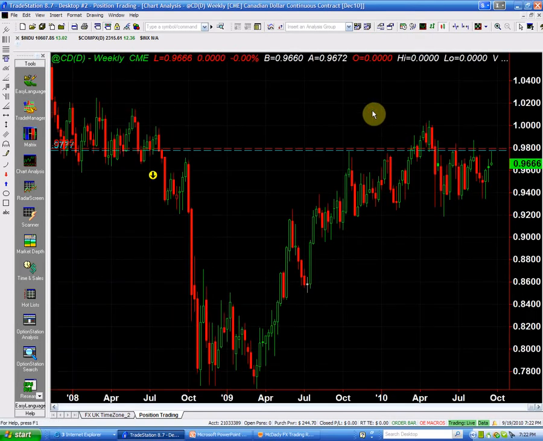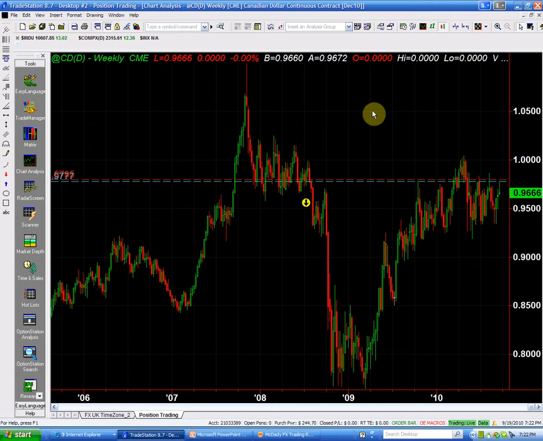The Canadian is, there is a minor sell signal. It is weak. I mean, I can look for a further move to the downside on the Canadian dollar, but it is not as weak as the Australian, nor is it as weak as the Japanese or Swiss, or the British pound for that matter.